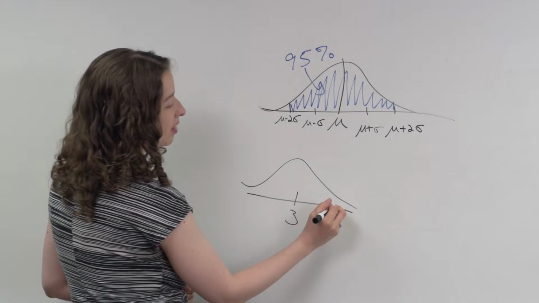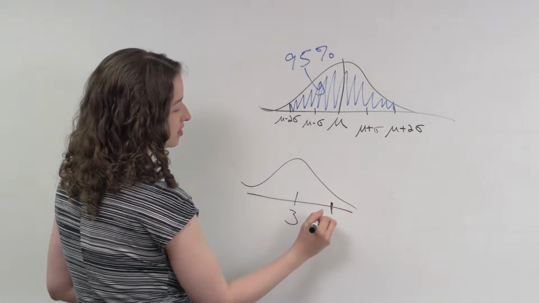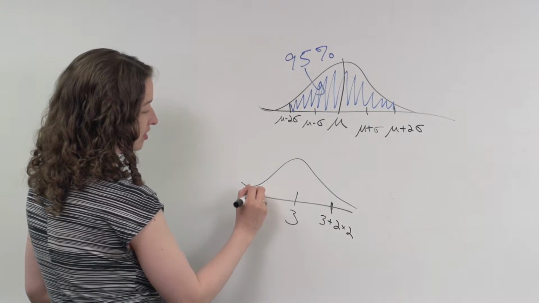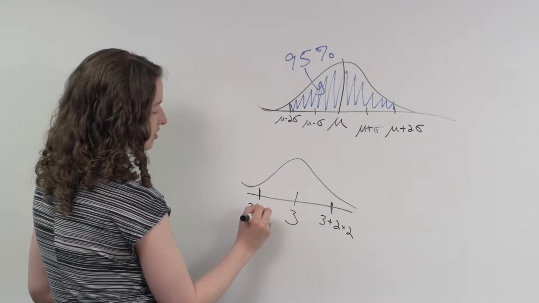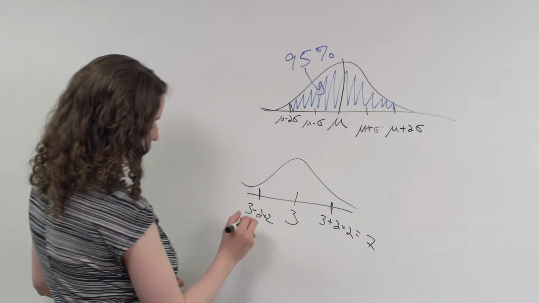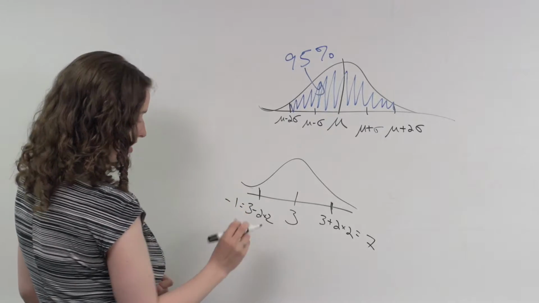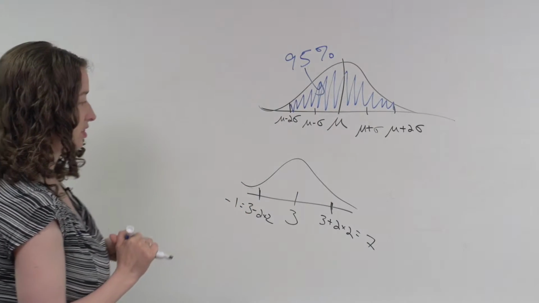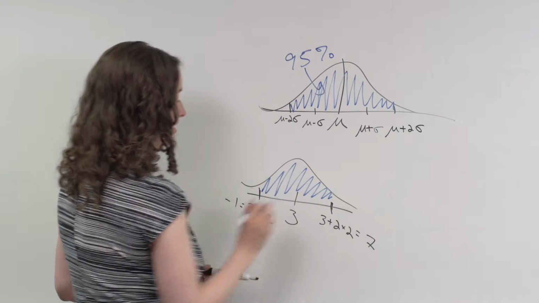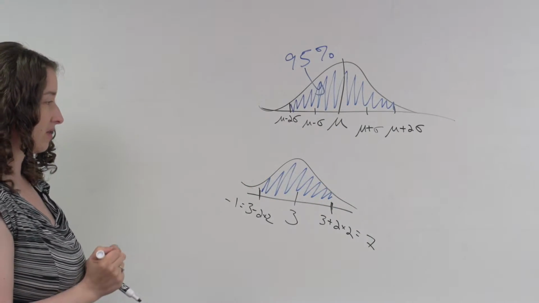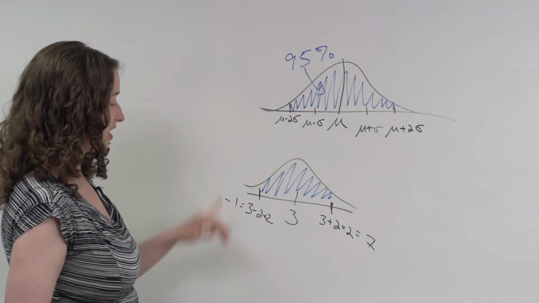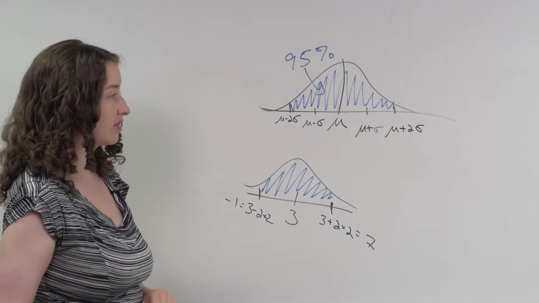So if I go up 2 standard deviations, 2 times 2, and down 2 standard deviations, 3 minus 2 times 2, what am I going to get? I'm going to get 7, and I'm going to get -1. 95% of the time, this value is between -1 and 7. Only 5% of the time is this value less than -1 or greater than 7.